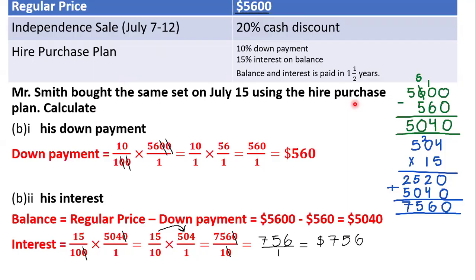Joel, you understand? Okay, let me ask Keyshawn. Keyshawn, explain how we got our interest. Start with the balance first.